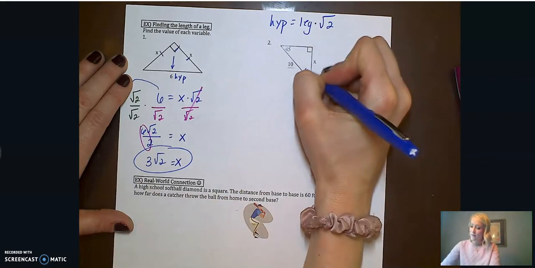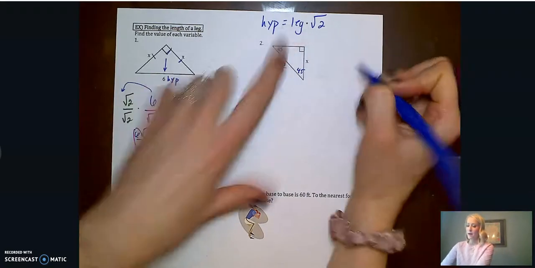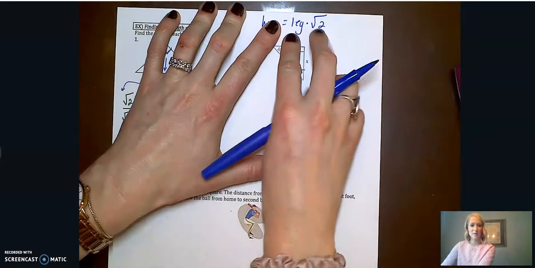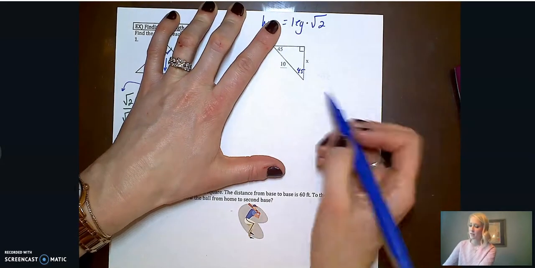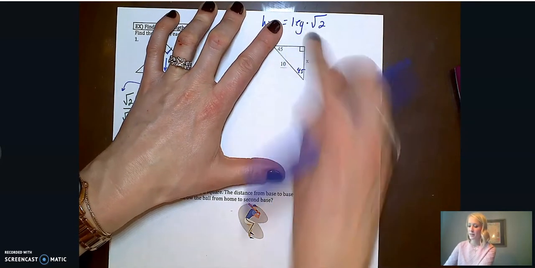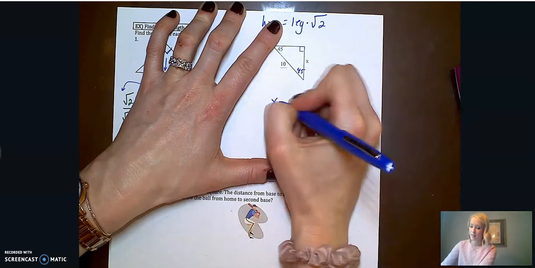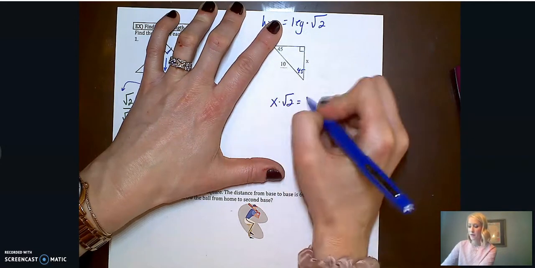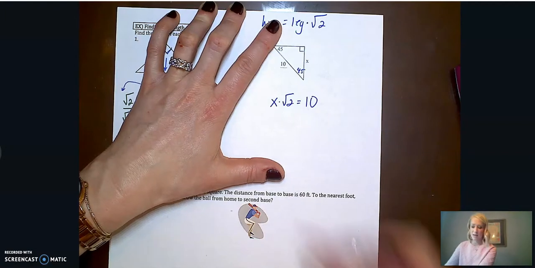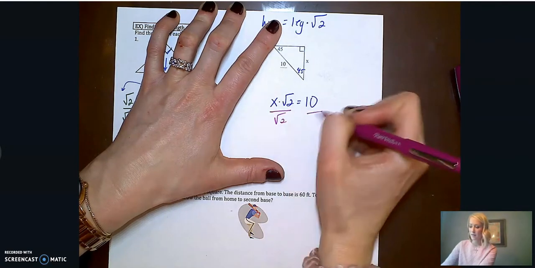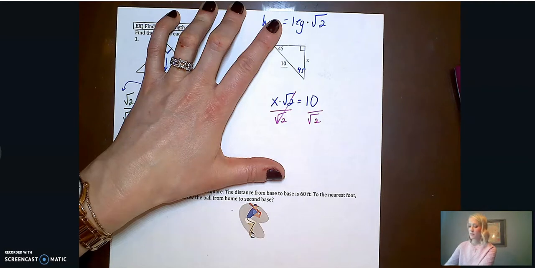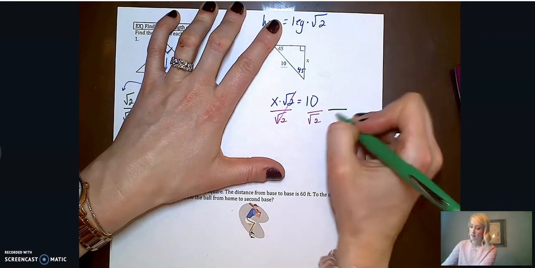All right, watch, I'll do one more. So 45-45-90. Same setup. I'm going to do it the other way. Doesn't matter if you flip-flop it. You might be able to see the work better this way. But basically, leg times radical 2 equals hypotenuse. I just got to solve that for x. Divide by radical 2. Rationalize the denominator.